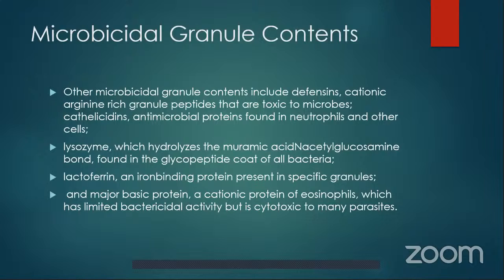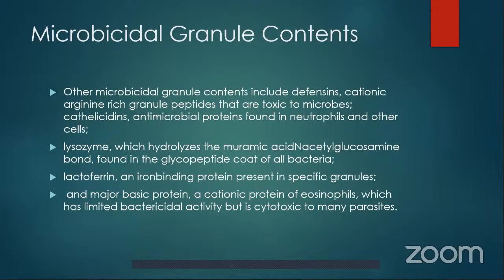Apart from the lysosomal proteins and the lysosomal enzymes that we learned, there are other microbicidal granule contents. These include the defensins, the cationic arginine-rich granule peptides that are toxic to the microbes.